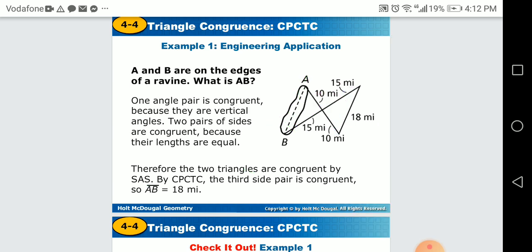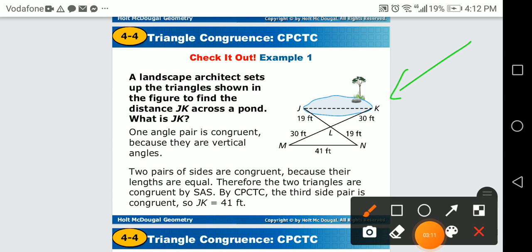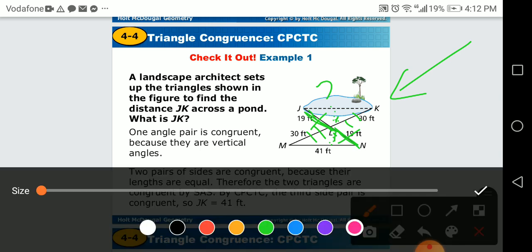Let's complete. I have another example. In this one, he asks me for segment JK and gives me two triangles. I have here 19 from the diagram, 19 is congruent to this 19. And I have also 30 is congruent to 30. And I have here vertical opposite angles. Can you see this? Let's do it in another color to make it clear for you.